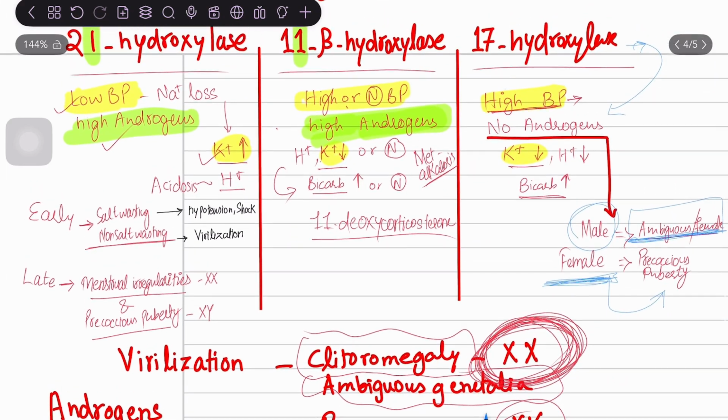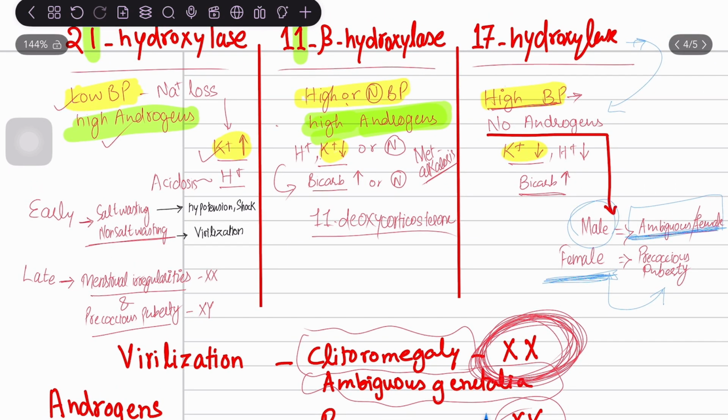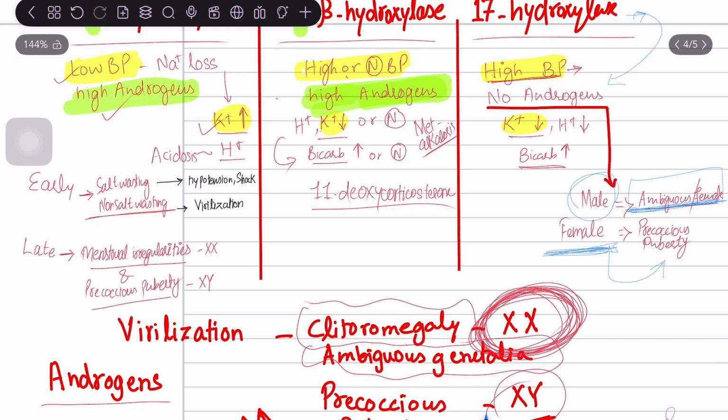There's one extra point I want to hit on. There are two types of 21 hydroxylase deficiency, early and late. In the early type there are also two types: salt wasting and non-salt wasting. Salt wasting will present with shock and hypotension because aldosterone is not being made and cortisol is not being made. Cortisol is needed for norepinephrine vasoconstriction, maintaining the tone of blood vessels, so it acts in synergism.